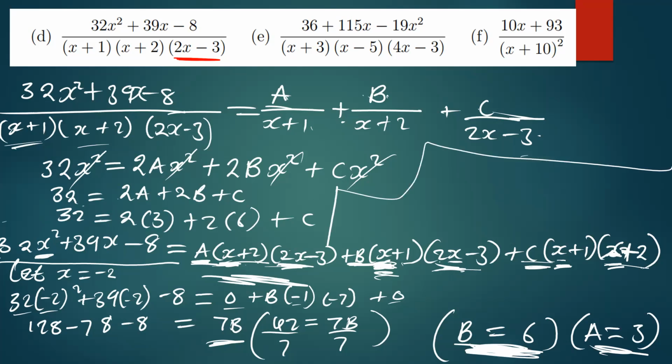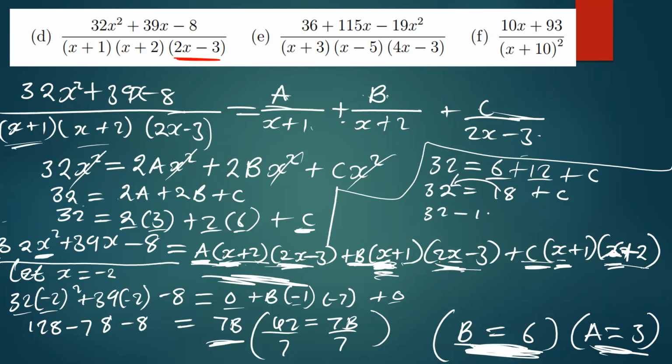So now, after doing that, we have 32 there being equal to 2 times 3, the answer is 6. Then 2 times 6, the answer is what? 12. And then we have plus c there. So we have 6 plus 12 there. This will give us what? 18. So we have 32 is equal to 18 plus c. And when this 18 goes on the left there, we're going to have 32 minus 18 being equal to c.